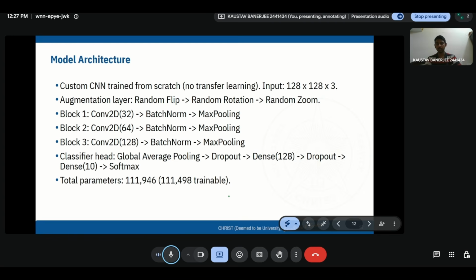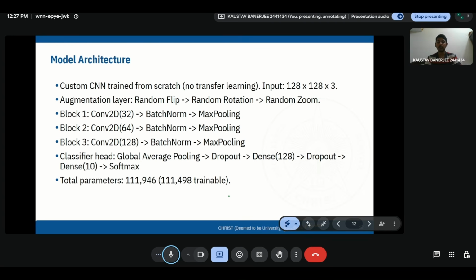Model architecture, or CNN architecture. This is the core of our deep learning model. We developed a custom CNN trained from scratch. The input is a 128 by 128 image. The model first applies data augmentation and passes the image through three convolution blocks. The first convolution layer contains 32 filters, the second contains 64, and the third contains 128. Each convolution block is followed by batch normalization and max pooling.